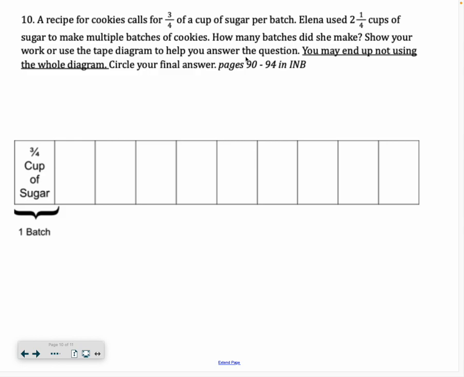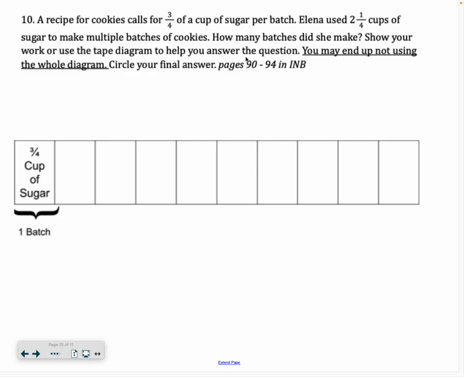Each of these boxes in the tape diagram will represent two things. It'll represent 3/4 of a cup of sugar, and it'll represent one batch, okay? So I'm just going to keep adding 3/4 of a cup, and I'm going to keep a running total in my head of how much sugar we've used so far.